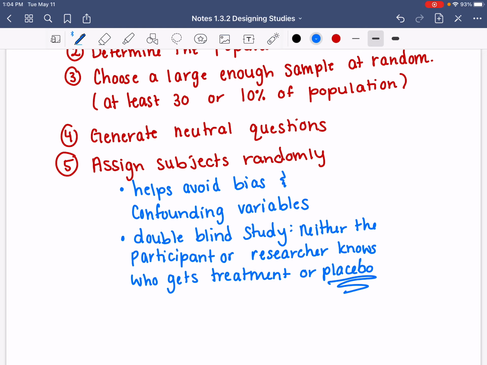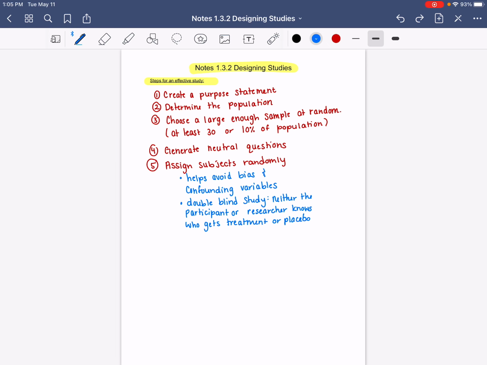Placebo is like the fake one. So say they were trying to test a weight loss drug, then some of the people would get the actual drug, and some people would get just a blank pill that didn't have anything in it. That's a placebo. So that's all we're going to write down for our little steps, and now we're going to go do a bunch of examples.